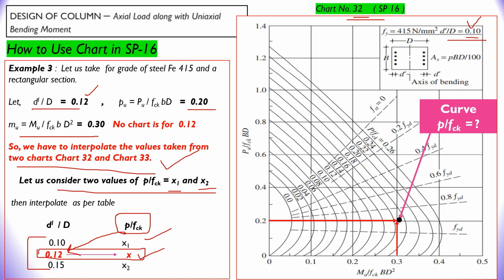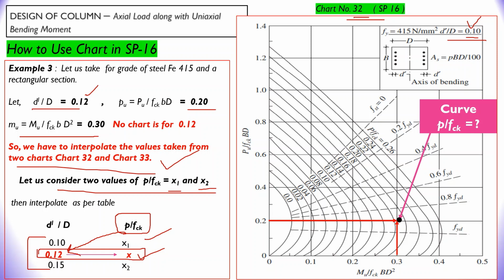So this was the illustration of how to use SP16 charts in the design of columns which are loaded under uni-axial bending, various types of columns, rectangular columns of different types as well as circular columns. All this information we have discussed so far.